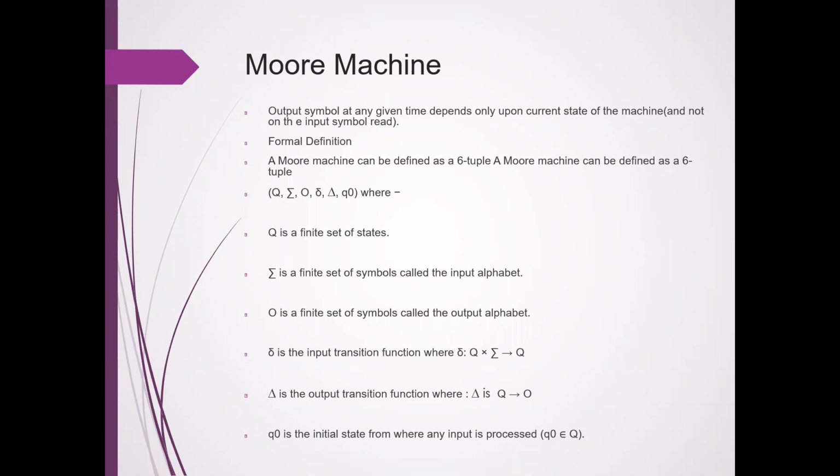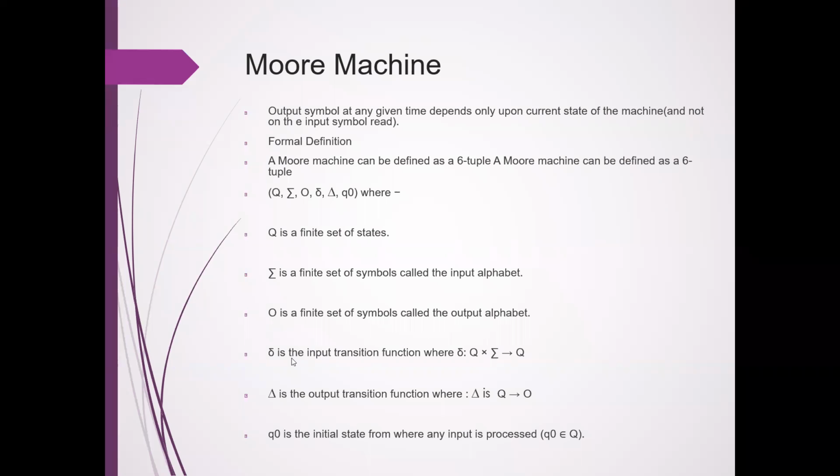Then, as I told, each state will generate an output. So depending upon what symbols those states will generate, there will be an O. This O will have all the symbols which each state will generate as the output.